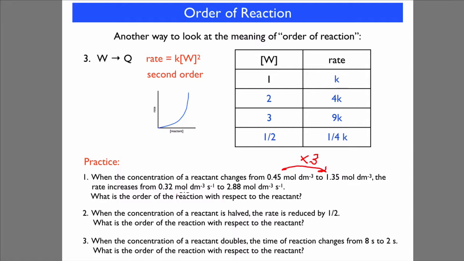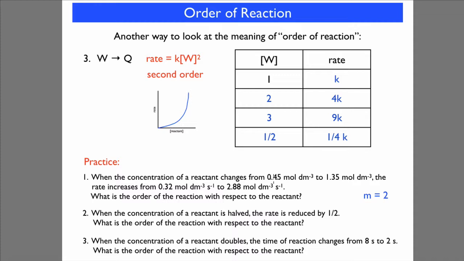But going from 0.32 to 2.88 is times 9, isn't it? Yeah. And so we know, as we went before, the concentration is 3 times, but the rate is 9 times. We know it's second order, don't we? Basically, you look at the concentration and you can just square it. 3 squared will give you 9. M equals 2.